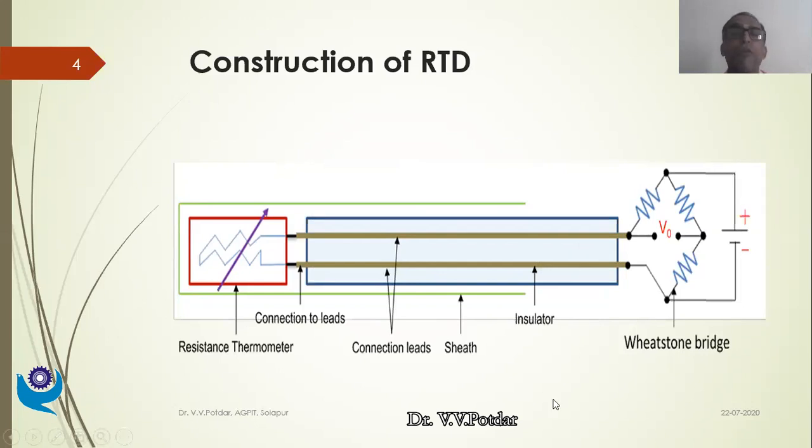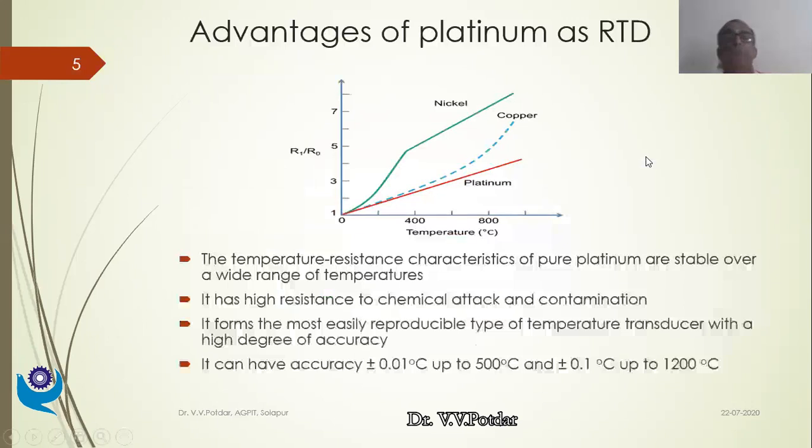Let us move to the details of the advantages of platinum as an RTD. As we can see from the graph, we can use various resistance wires as resistance temperature detector materials. It should be electrically conducting as well as thermally conducting. That is the requirement.